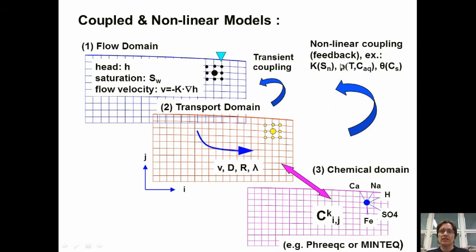Similarly, if the density of our water depends on the temperature or the concentration of our contaminants, then as these are changing, we have to update our fluid density, which can change the flow system. So again, another example of nonlinear coupling. Or the porosity might change as well. If we have a dissolving mineral or NAPL, for instance, that might change our porosity again. So we have to couple all these. That can complicate our life. It can increase our simulation time, but can be critical for these nonlinear type problems.